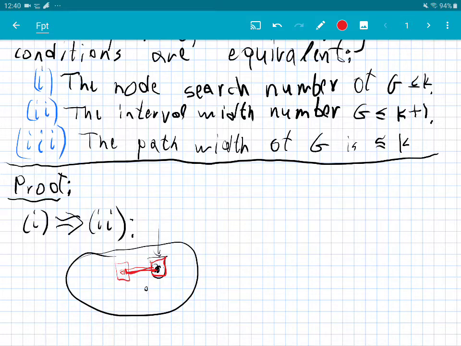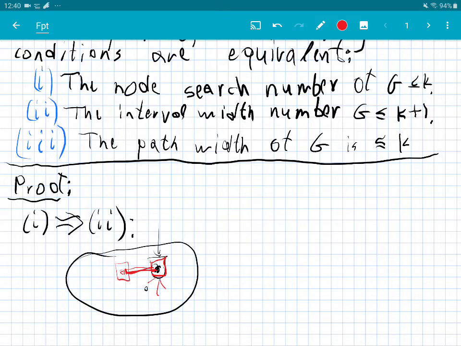Which means in particular that once one edge gets clean, when this vertex gets unoccupied, it never needs to be occupied again, right? If it gets occupied again, it's a waste of time. We can just skip it. So in particular this implies that in this new way of thinking about things, a vertex gets occupied once and gets unoccupied once.